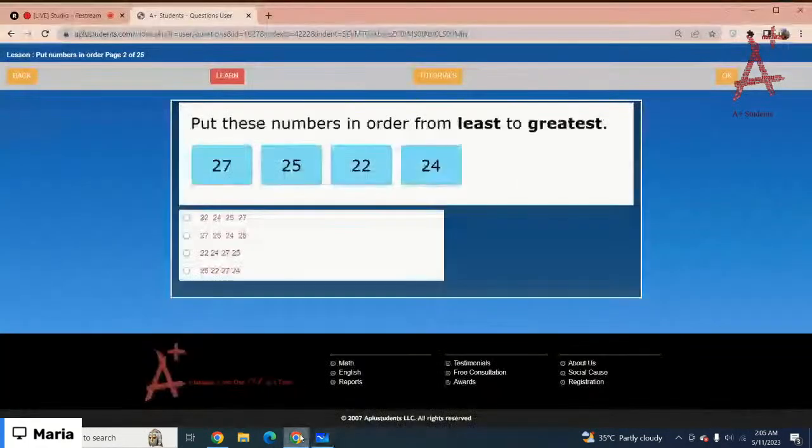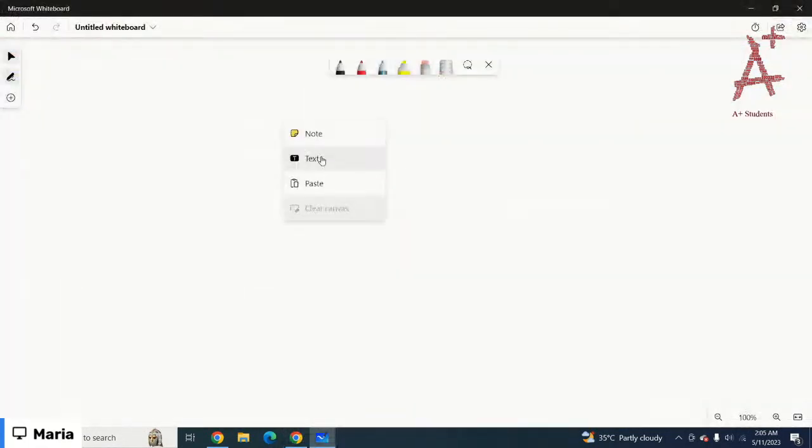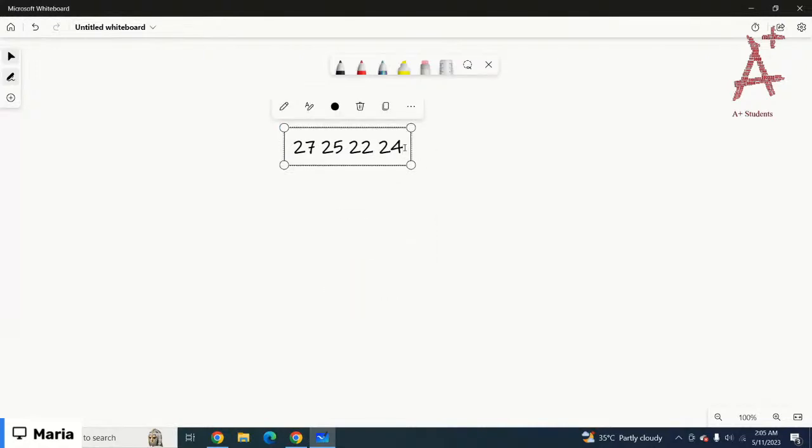Out of 27, 25, 22 and 24, the least one is 22. So when you arrange them, the first number would be 22.